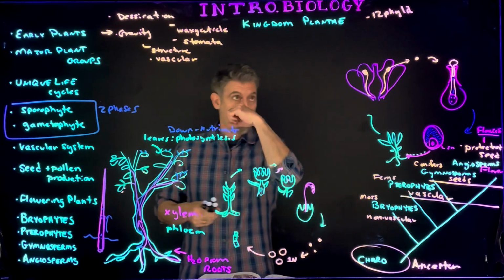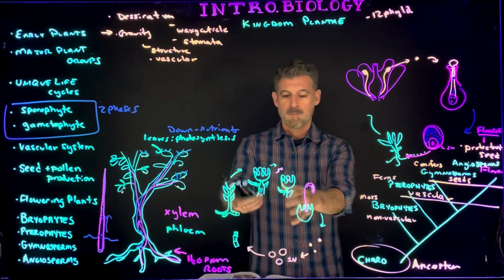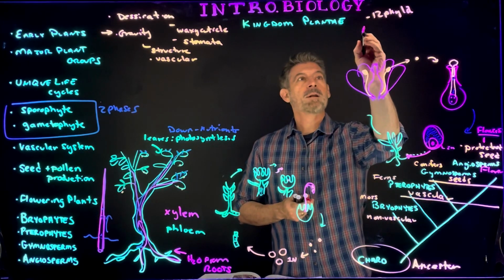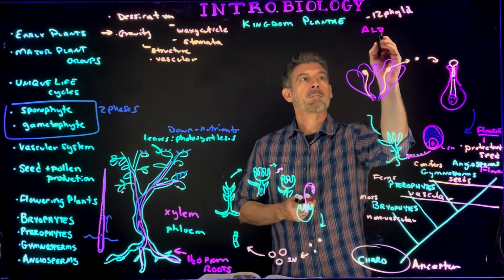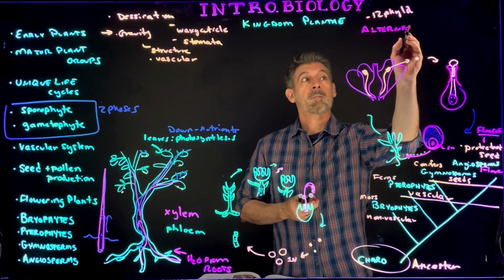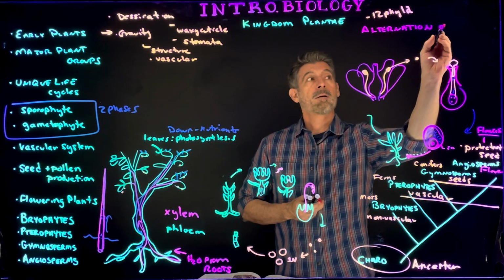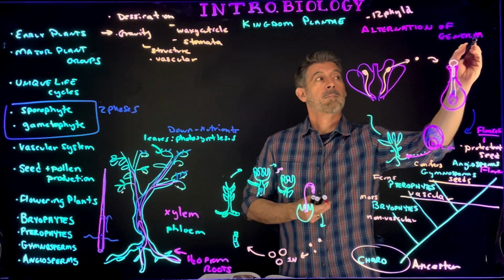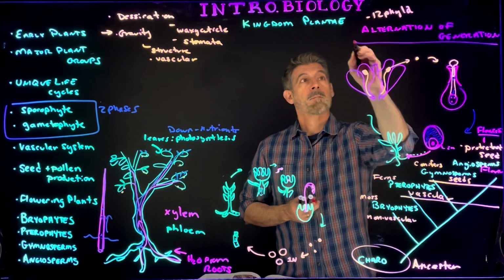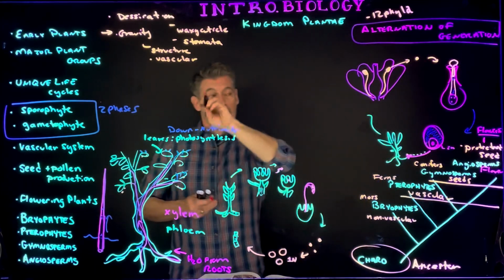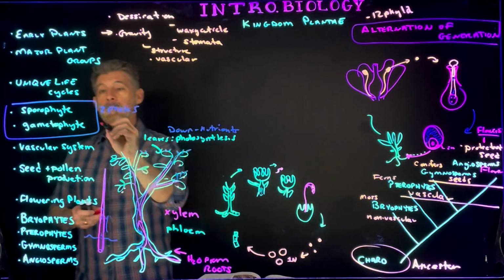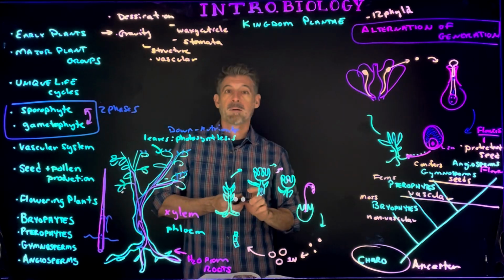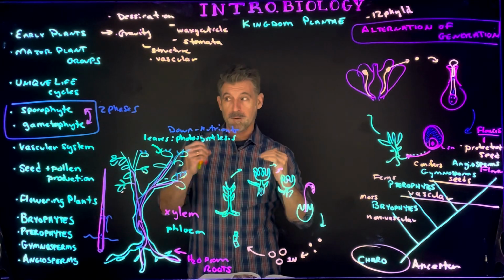It's called, so this and this both represent this, alternation of generation. They alternate between gametophyte and sporophyte plant forms. Those are just the terms.